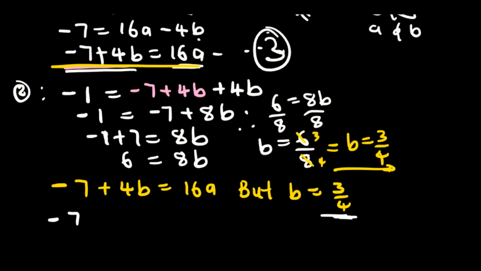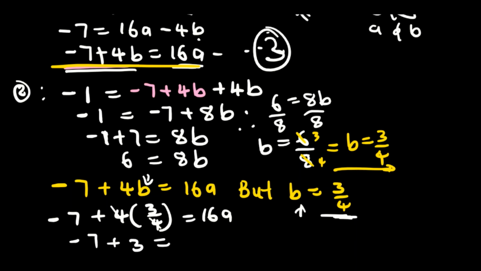So it's -7 + 4 × 3/4, because this is b, and there is b, = 16a. And the 4 will multiply the 4, then we have -7 + 3 = 16a. Therefore, -7 + 3 will give you -4. So it's -4 = 16a.